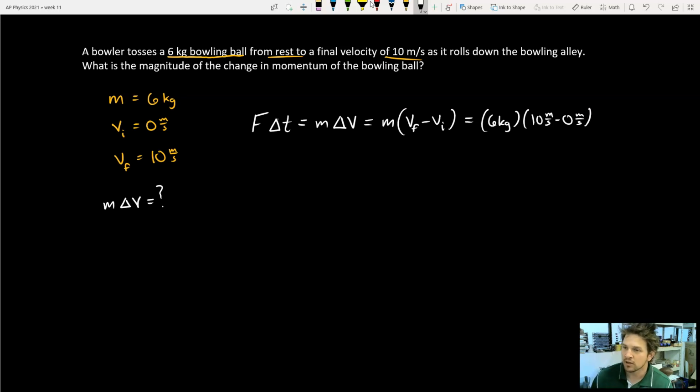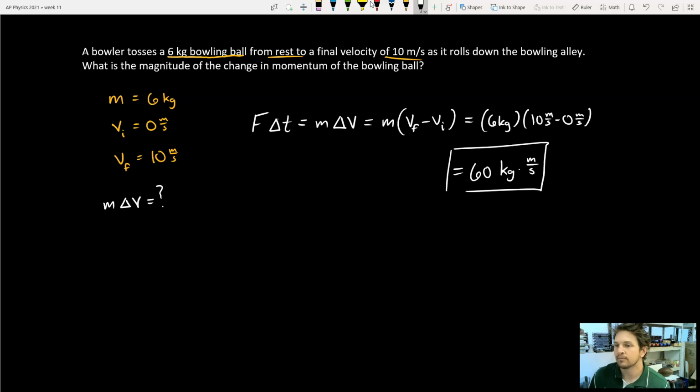So when we plug all that in, we got 6 times 10 to give us 60. And this is a kilogram times a meter per second, which is good because that's our units for momentum. Cool, that one's easy peasy. Nice and quick.